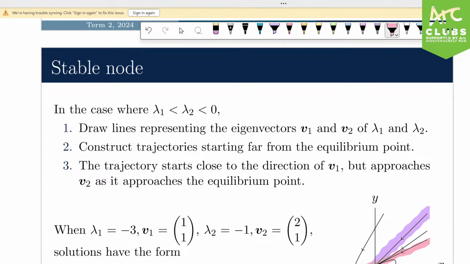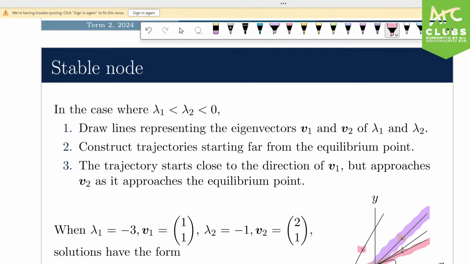And you notice how there are directional arrows on there, arrows pointing in some direction. If those arrows are pointing inwards towards the origin, that arises from the fact that our eigenvalues are negative.